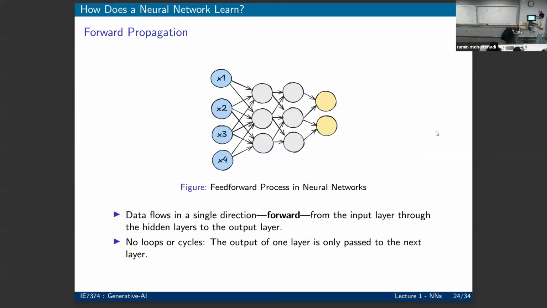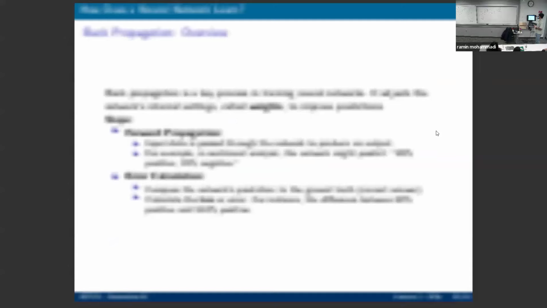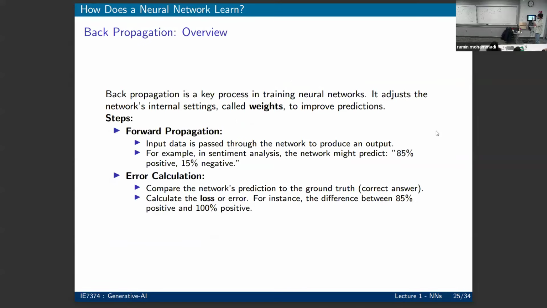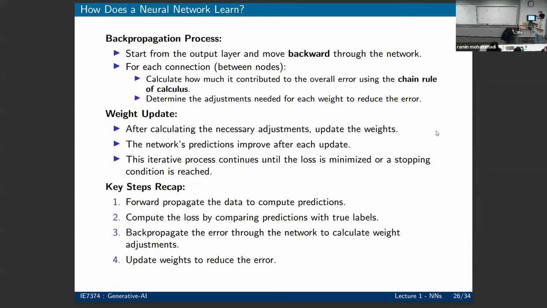So overall, if you think about the forward process, data will flow through all the way to the end. Then you calculate an error, and you pass the error backward, as in backward propagation, to update the weights. The way you update the weights is that you technically don't update them step by step.